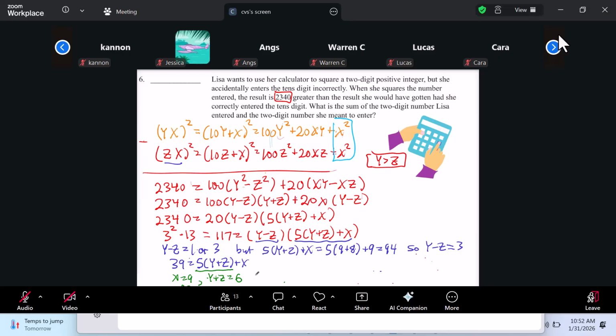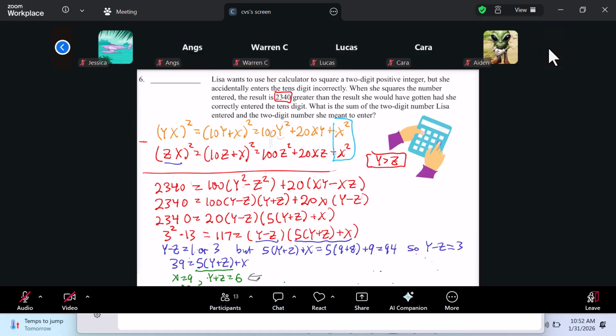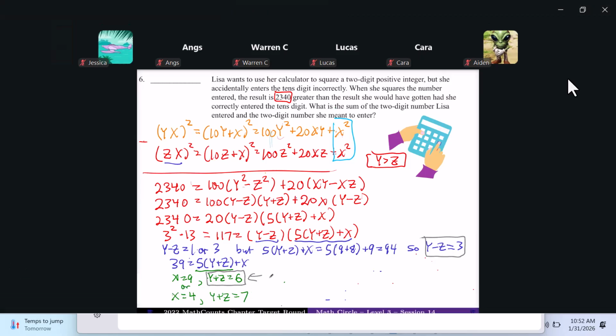But what happens in this particular case? I know that y minus z is equal to 3, and I know that y plus z is equal to 6. If I add the two equations in gray, that says 2y is equal to 6 plus 3, which is 9. And that can't happen, because y needs to be an integer.